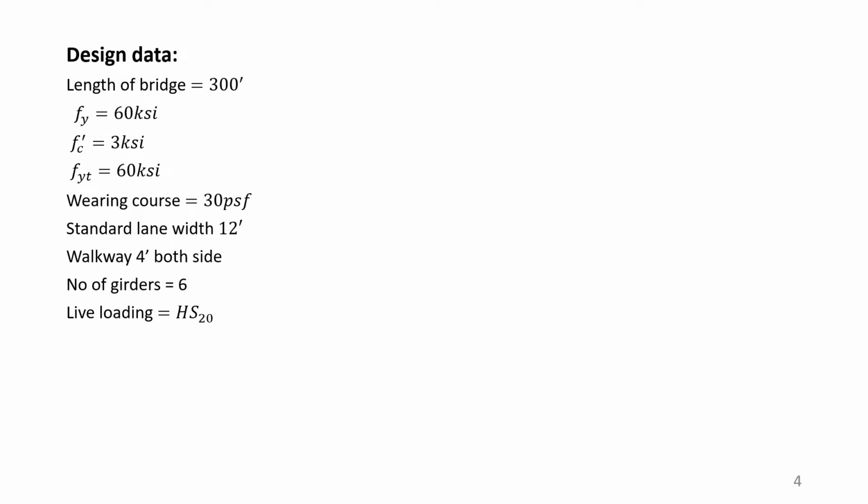HS is highway semi-trailer truck. S stands for semi-trailer, and in this vehicle there are two parts. The front part is the driving part, and the rear part is the load carrying part. That's why it is known as semi-trailer HS20. We will give detail of this when we take the loads for our design purpose.